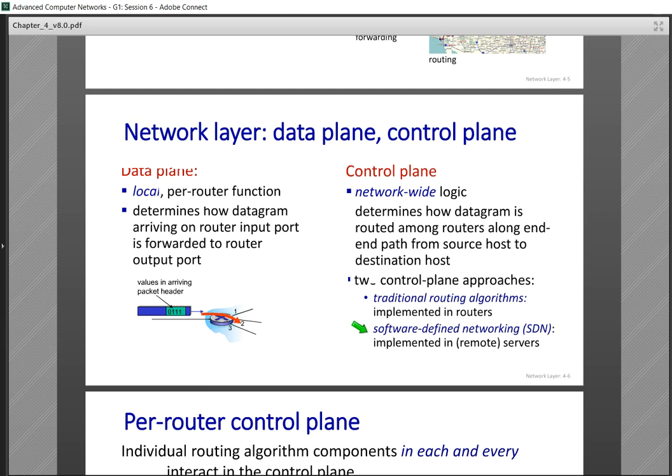Each of those routers will do this strategy. But in SDN, instead of routers, we have one or two servers in the network. Those servers will think about the paths, the routes in the network.